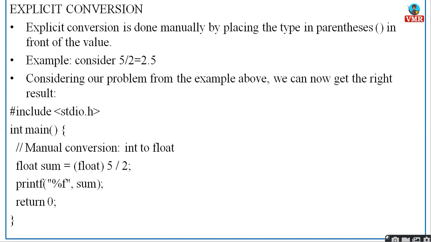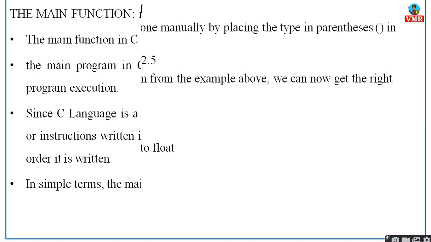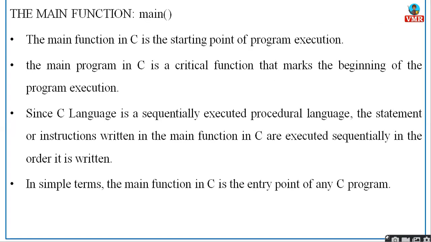That can be avoided by using explicit type conversion. So this is regarding implicit and explicit type conversion. When you run this code, you will get the output as the floating point value 2.5. The same thing in your previous program gives you just 2.00.